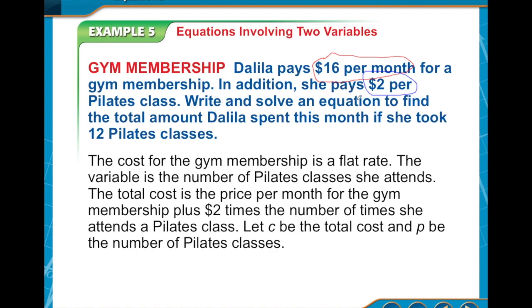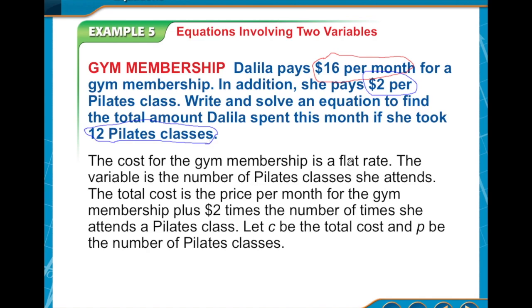We need to write and solve an equation to find the total amount that Dahlia spent this month if she took 12 Pilates classes. So 12 Pilates classes, also very important.